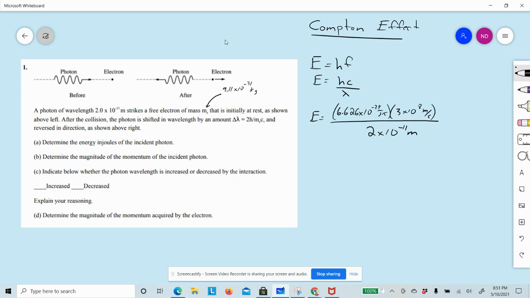You do all this math, and you should be coming up with 9.939 times 10 to the minus 15th joules. That's the energy of the incident photon.